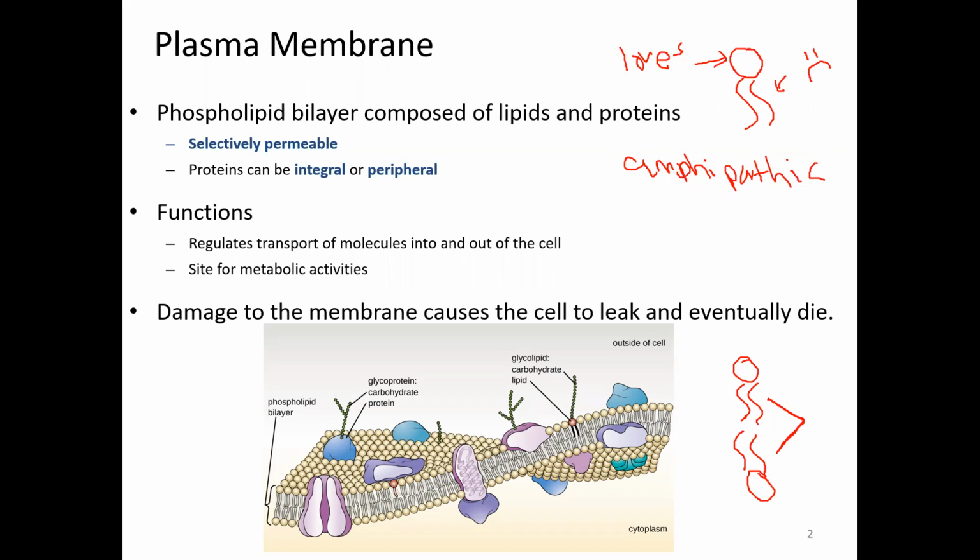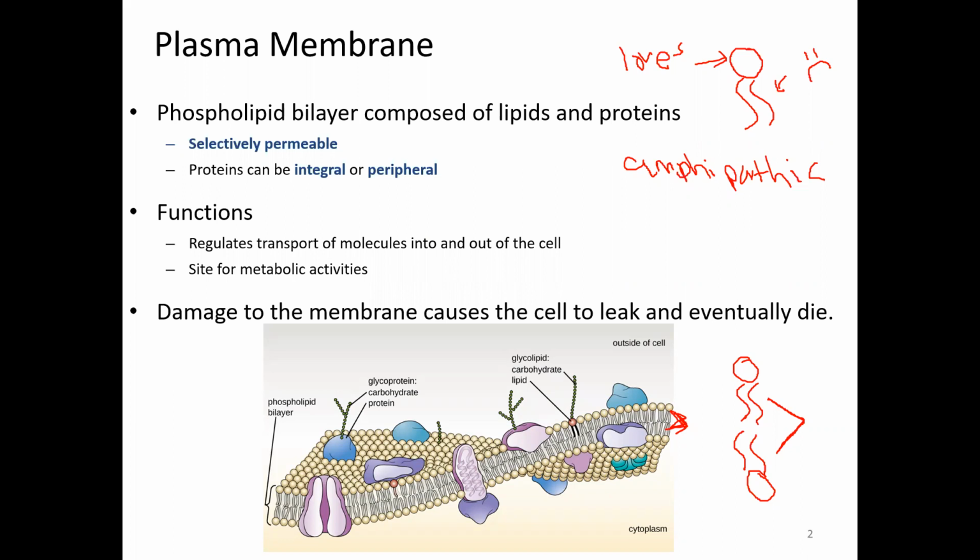Most things are gladly dissolved by water. Molecules that love water, that are hydrophilic, are incompatible with hydrophobic environments. So the reason these two layers of phospholipids are arranged this way is that it creates a really big hydrophobic barrier, which prevents hydrophilic molecules from just crossing this membrane all willy-nilly.